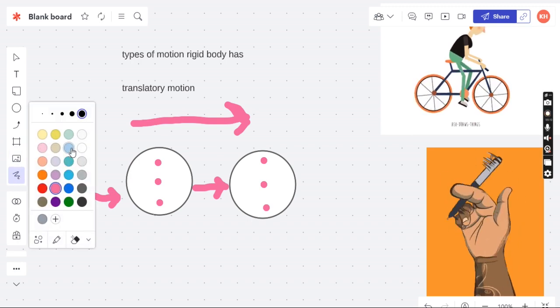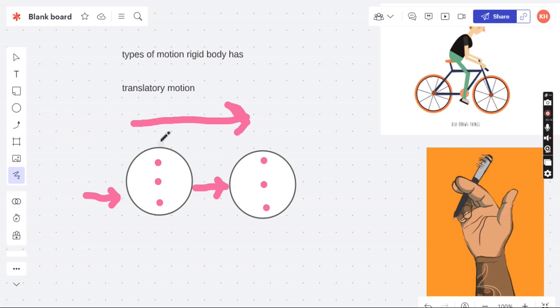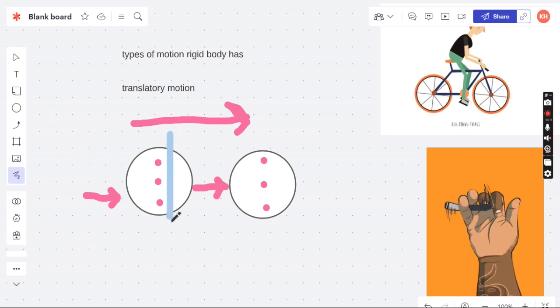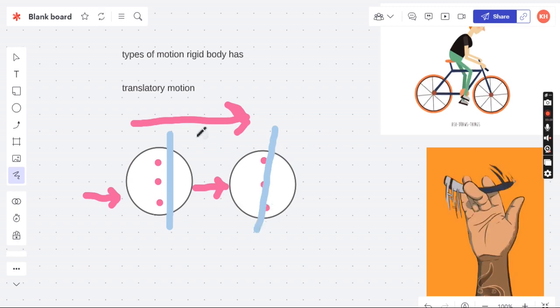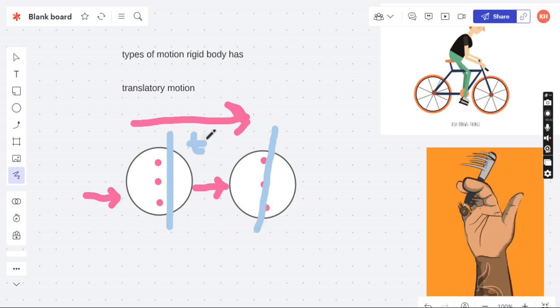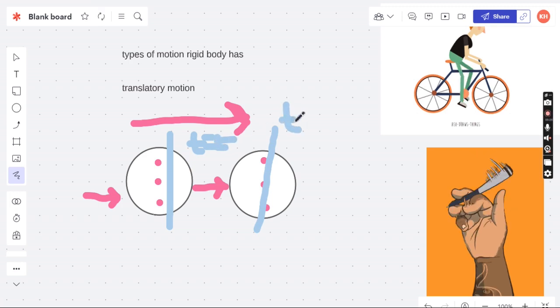We can explain that with the help of an example as well. For example, draw two parallel lines. Now this is the position of a body at time t, and this is the position of your body at time 1, for example 1 second.